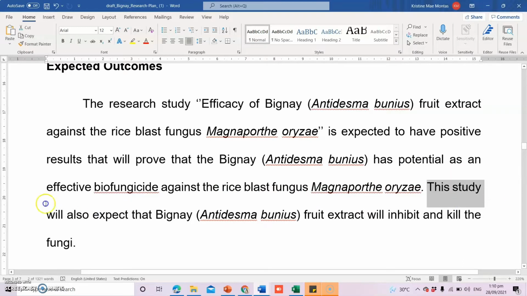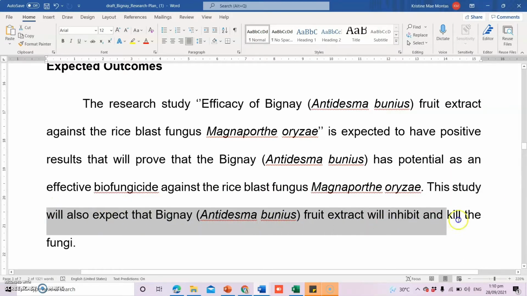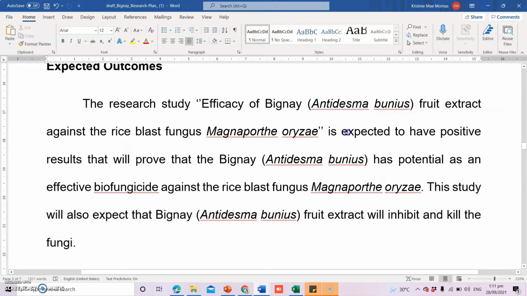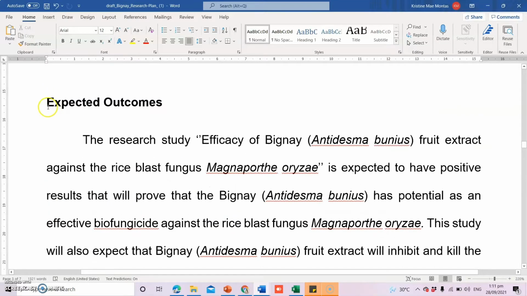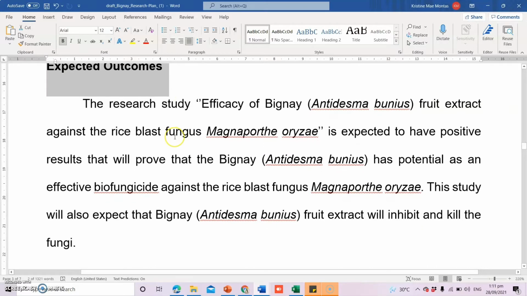This study will also expect that Bignai fruit extract will inhibit and kill the fungi. So, nilagay natin dito ano yung expected outcome. Sabi dito, expected to have positive results that will prove that Bignai has potential as an effective biofungicide. So, ano ba ang magiging resulta ng inyong research project?